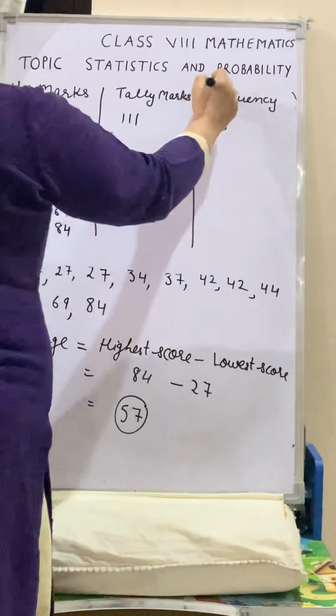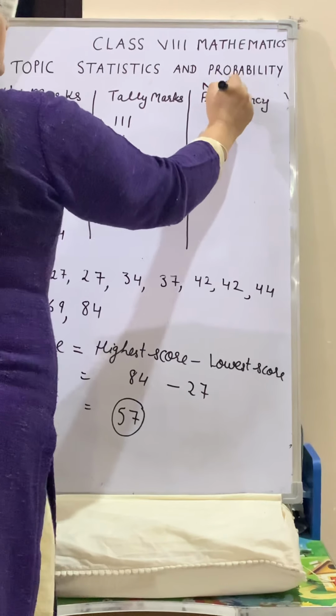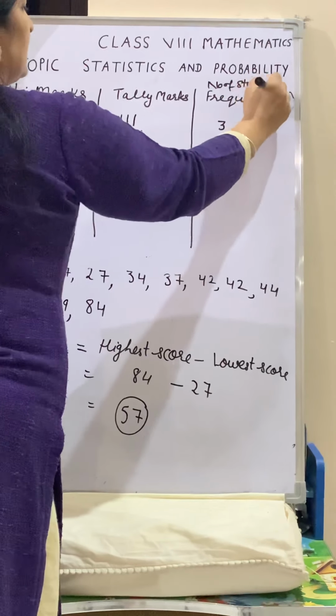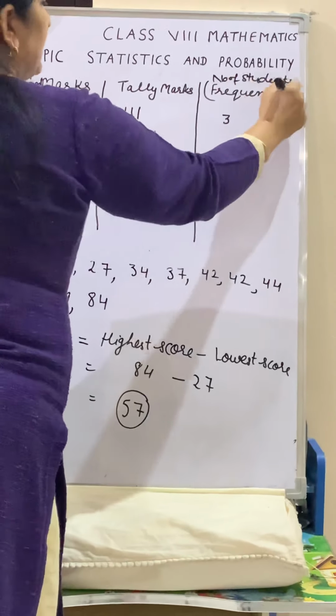Here you can write number of students also, and you can write frequency in bracket.